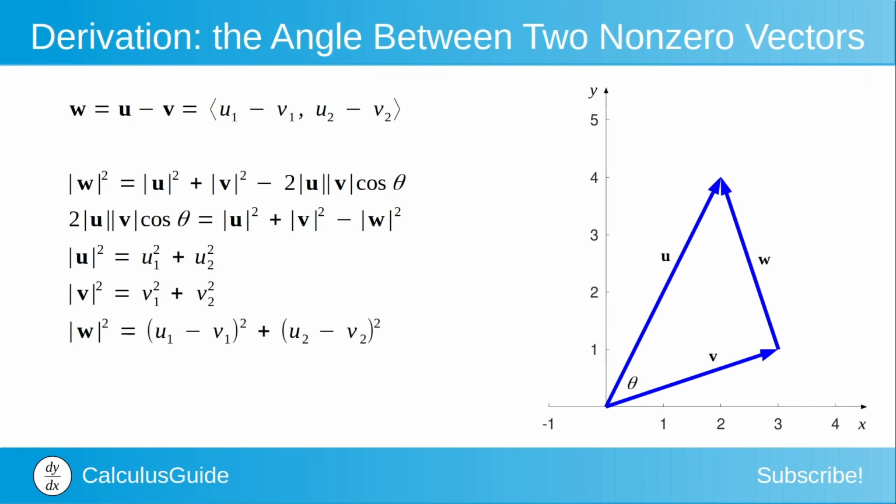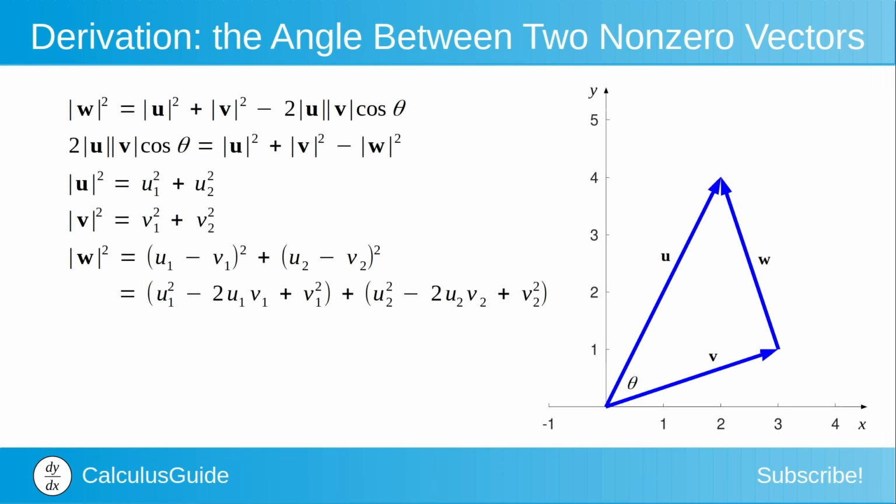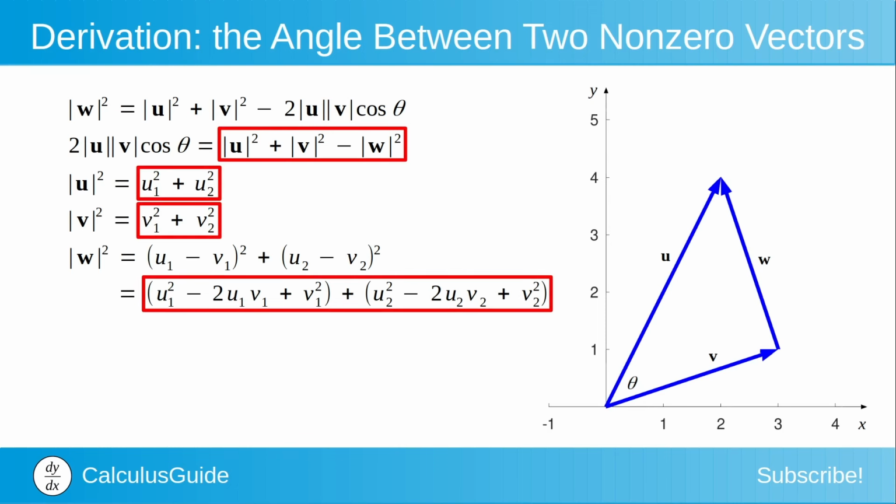When we square u1 minus v1 and we square u2 minus v2, we get u1 squared minus 2 u1 v1 plus v1 squared plus u2 squared minus 2 u2 v2 plus v2 squared. We can now express the length of the vector u squared plus the length of the vector v squared minus the length of the vector w squared in terms of the components highlighted in red below.